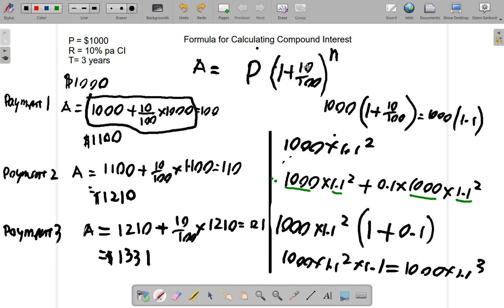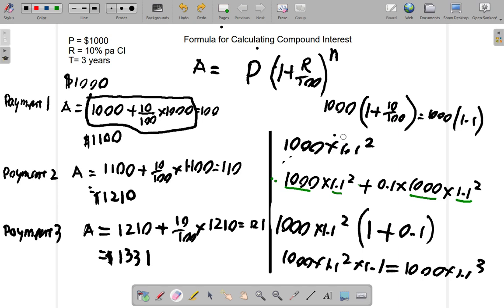But then again, this 10, it might not have been 10%, it could have been 5%, 15%, whatever. So let's get rid of this 10 and put, since it's rate, put R. So it's A is equal to the principal bracket 1 plus the rate over 100 close bracket to the power of n.